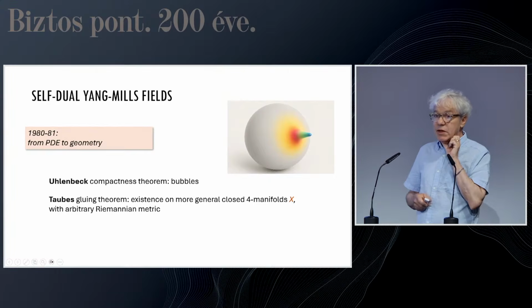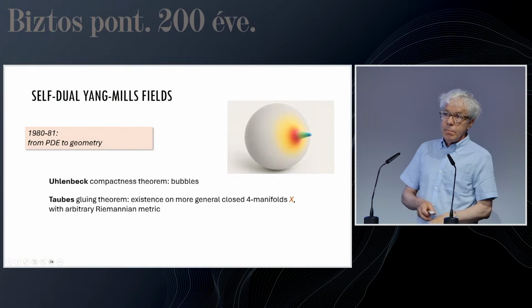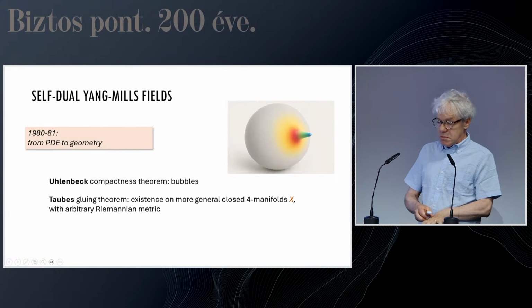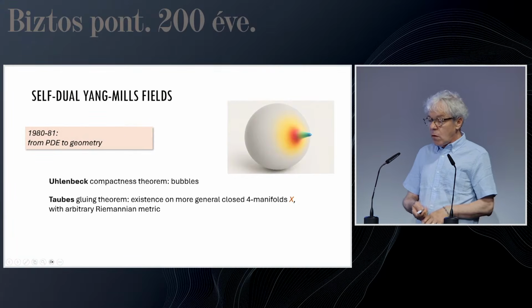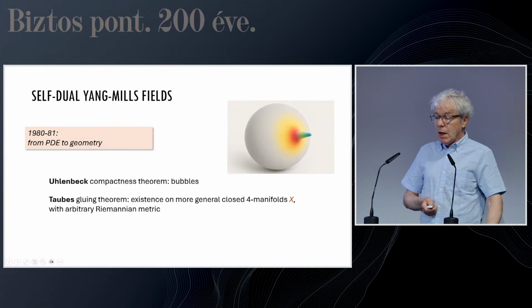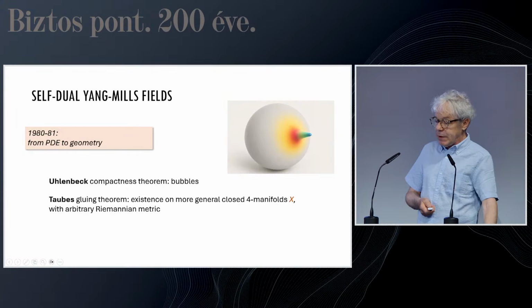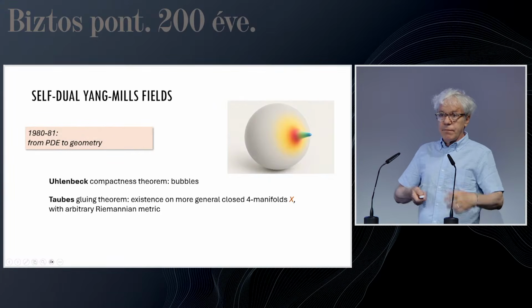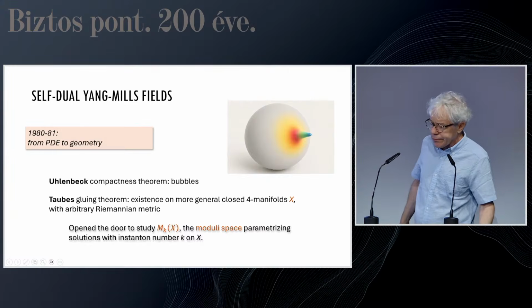The other important contribution came from Cliff Taubes, who found a technique to establish existence. So the Ward correspondence applies to solutions on R4 or S4 or a few other manifolds, but always in a very geometrical context. If I give you a general Riemannian closed four-manifold, it's not clear any solutions exist. Taubes answered that question initially in a restricted case and then quite generally on four-manifolds. His technique of constructing these is now called gluing.